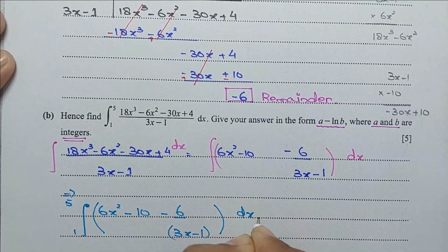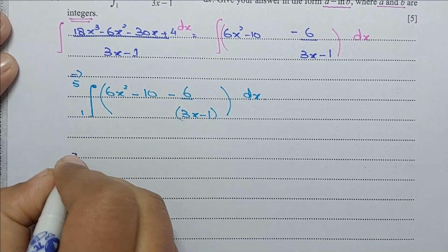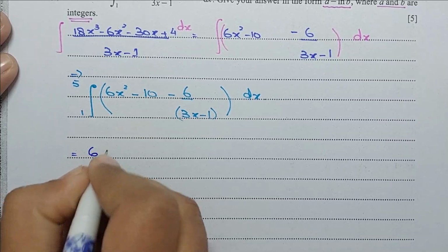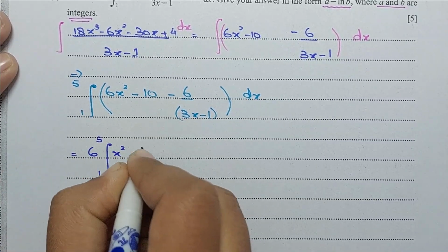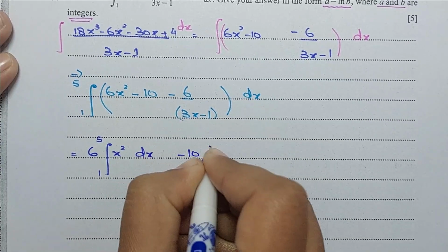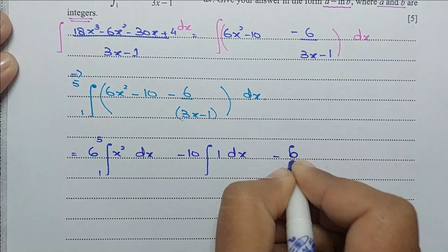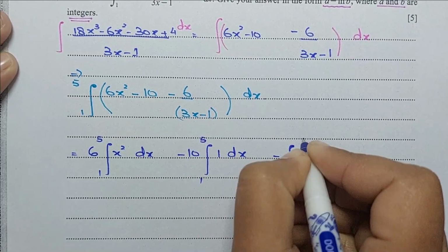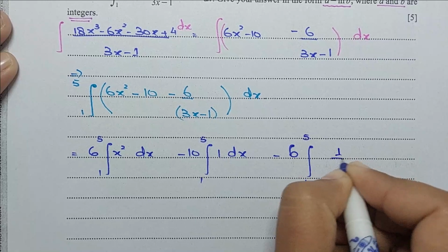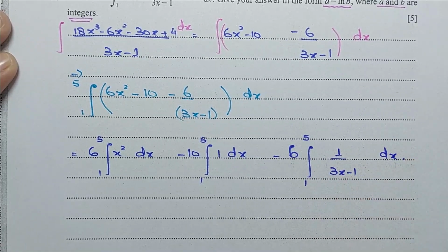This integration we need to figure out. Let me split this. 6 is a constant: integration from 1 to 5 of x square dx, minus 10 is a constant: integration of 1 dx, minus 6 is a constant: integration from 1 to 5 of 1 over 3x minus 1 dx.